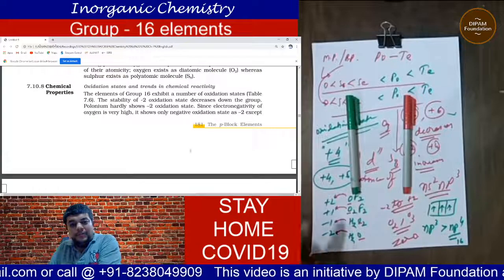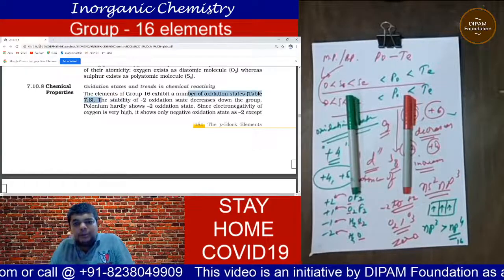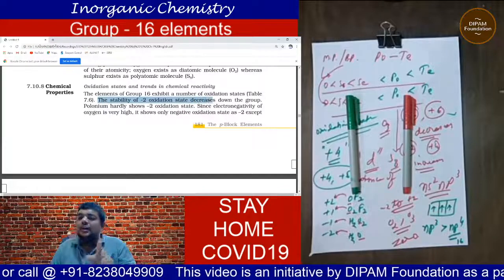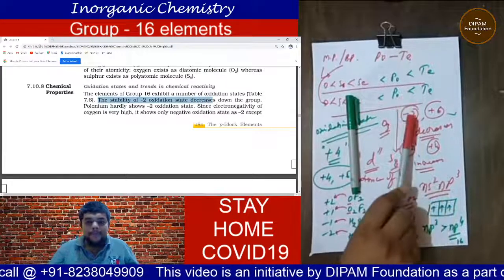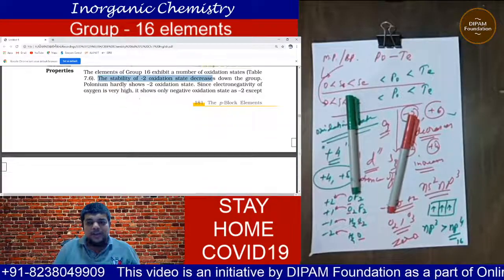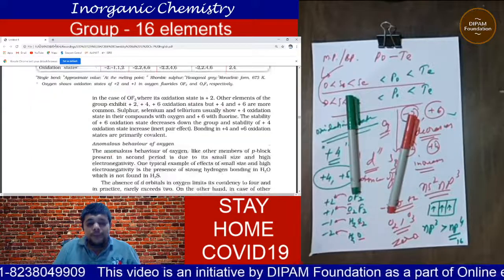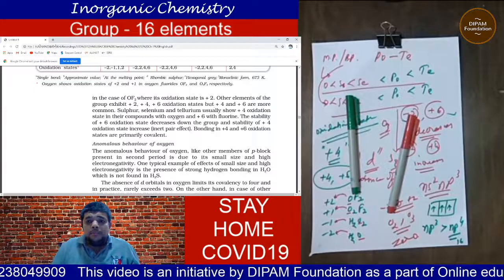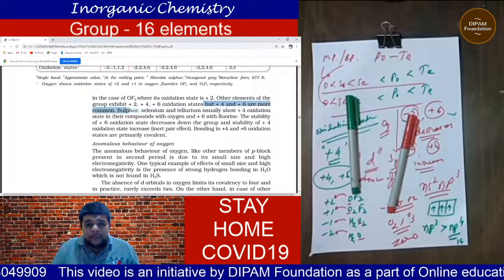We also have the values present here, it is given minus 2. So see, the stability of minus 2 decreases down the group. It shows only since the electronegativity of oxygen is very high. You can also see over here that plus 4 and plus 6 are more common.